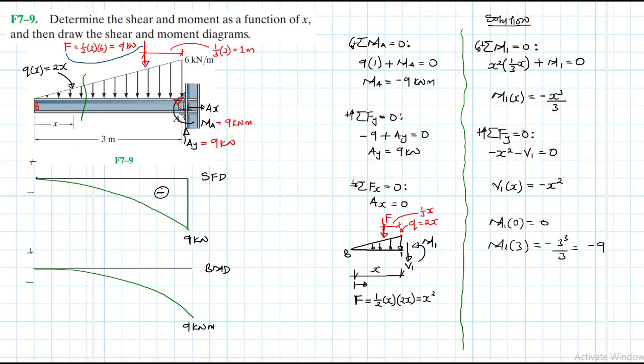You have an external or reaction moment of 9 kilonewton meters, and this is clockwise, but the internal moment, if you were to section this beam, will be positive, or anti-clockwise.